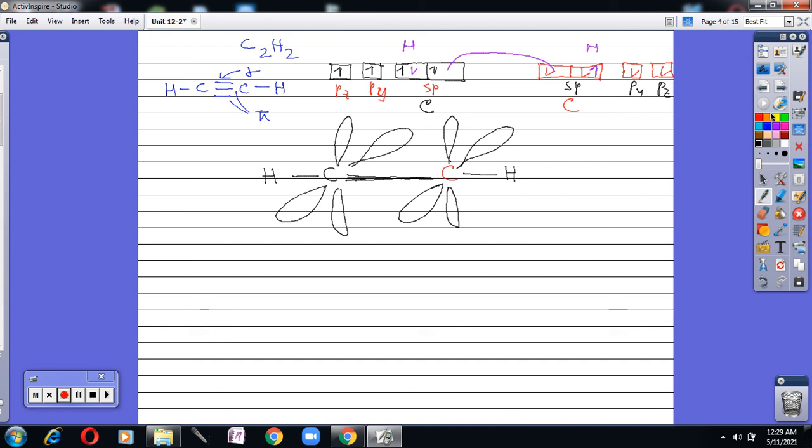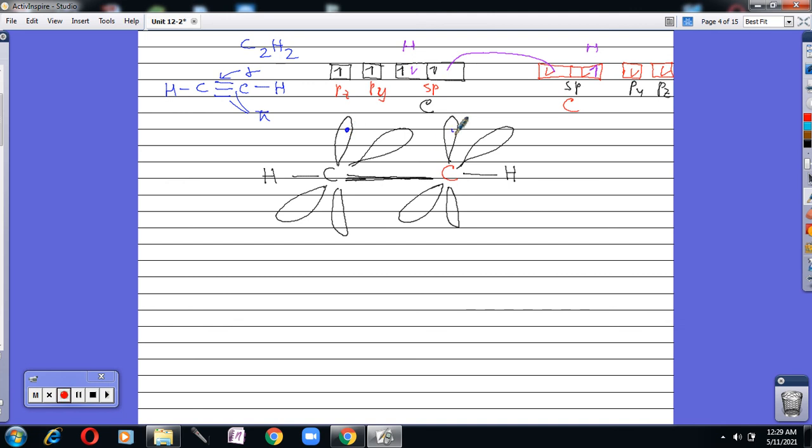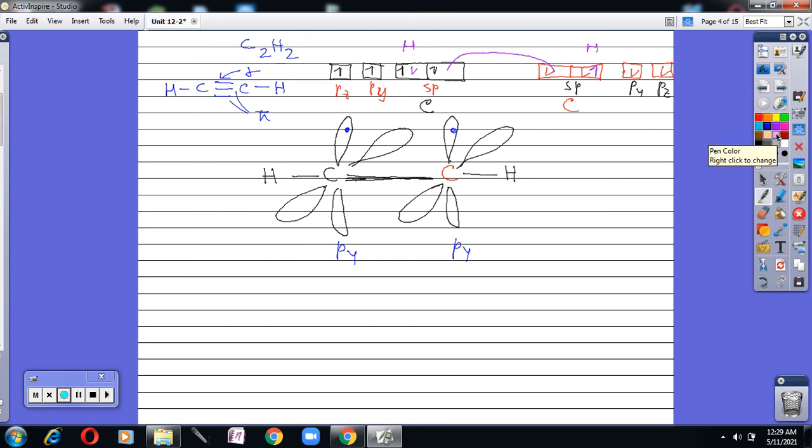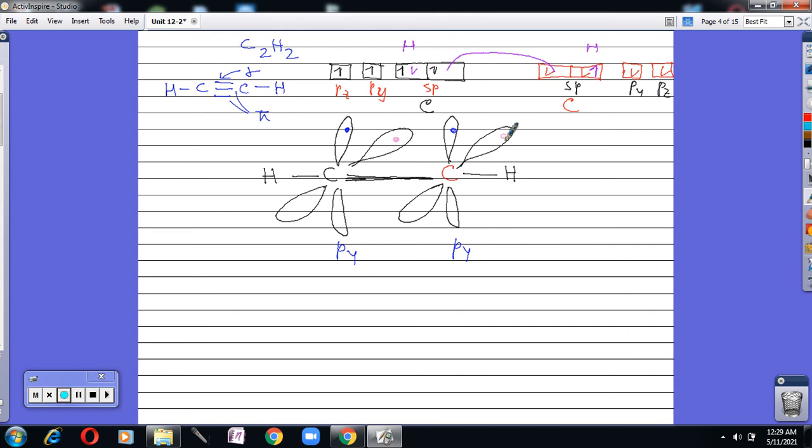Now this electron, it's a py, and this one is py, and pz, it's a pz, and this one is a pz.